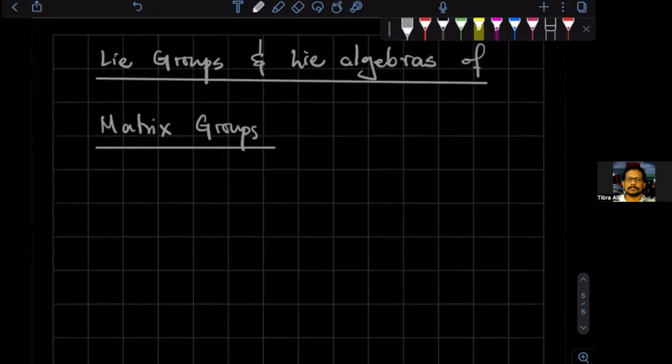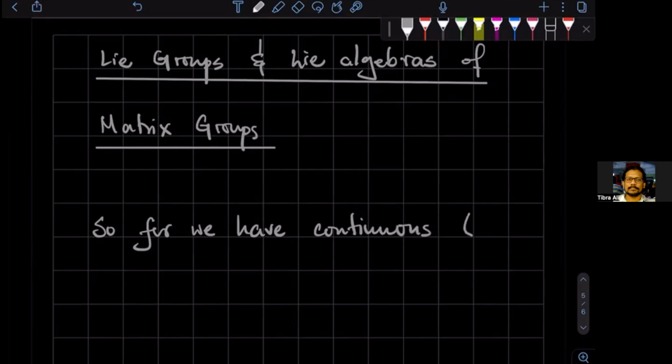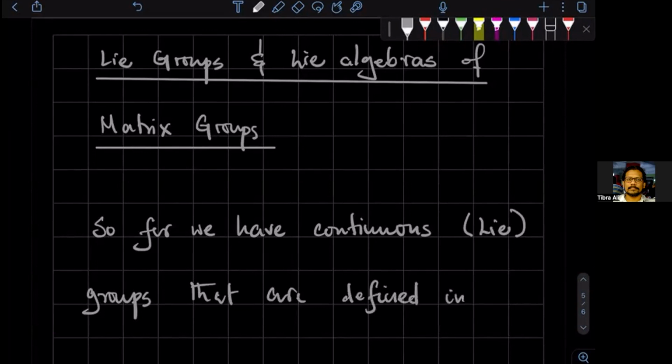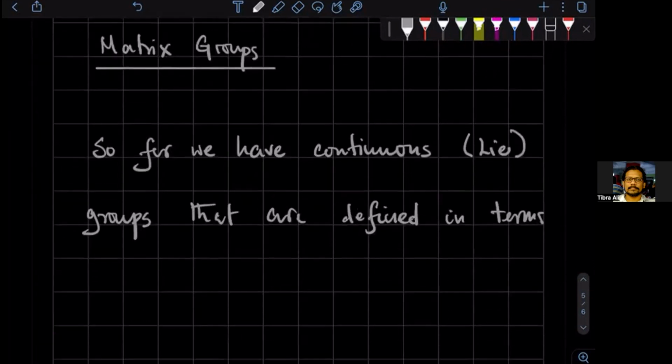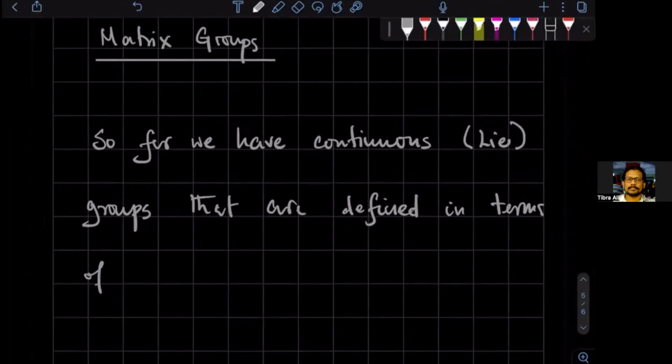Okay, so so far, we have seen some continuous groups. Continuous groups are also known as Lie groups, that are defined in terms of matrices.